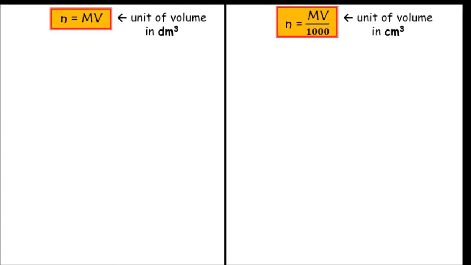Next, you have two methods to find it. See which formula you use. If you use this formula, N equal to mv, always remember that the volume is in the unit of dm cube.